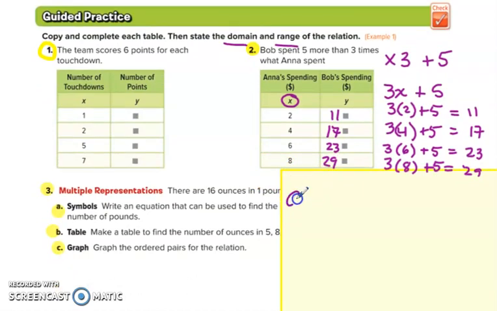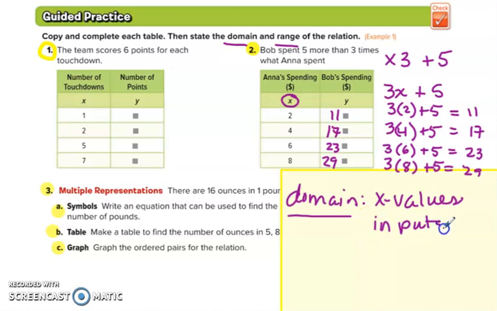Here's a new term. They are always the x values, and they are also the inputs. The y values, those ones are called the range.